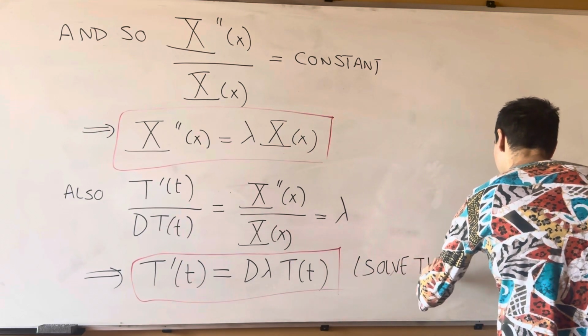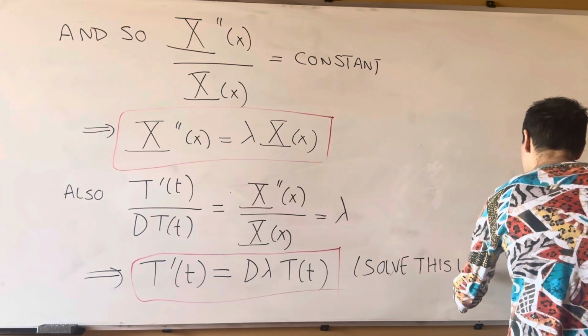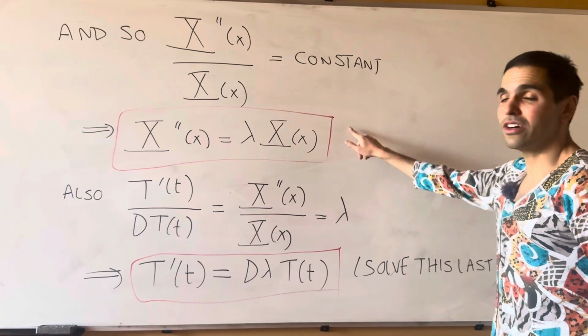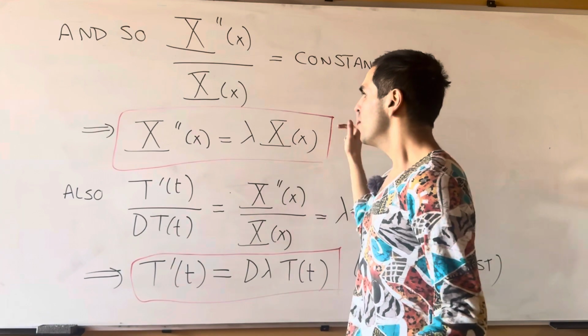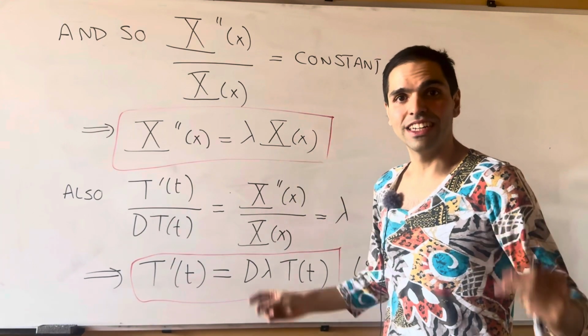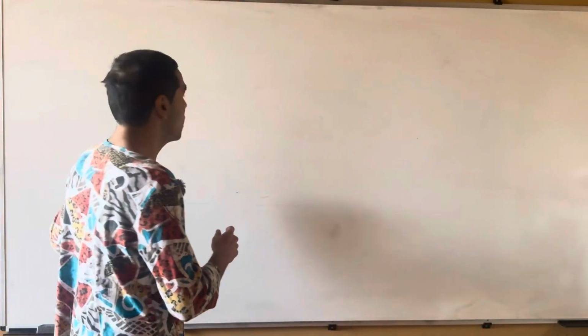Solve this last. Because it turns out the x equation will be a bit easier to solve, because next up, we want to deal with the boundary conditions. So now, part 2.